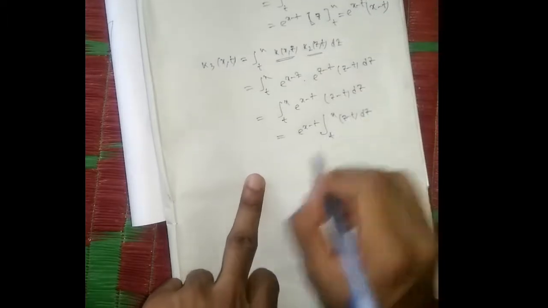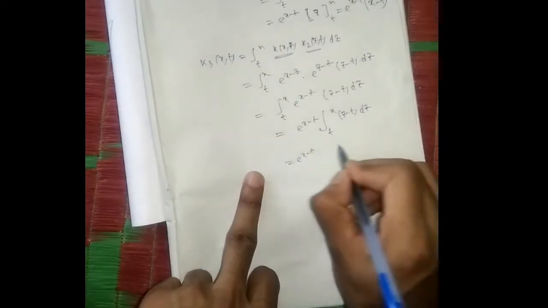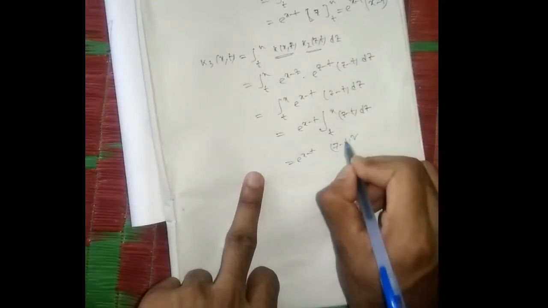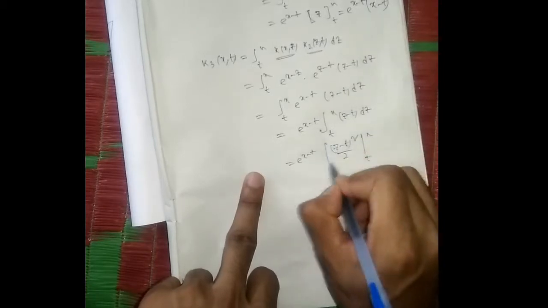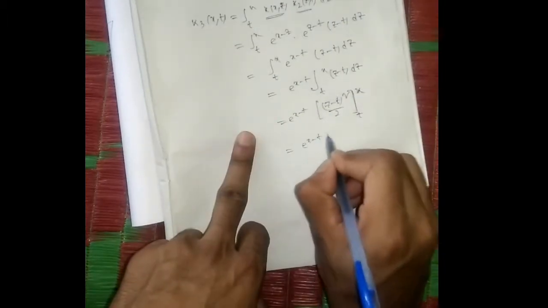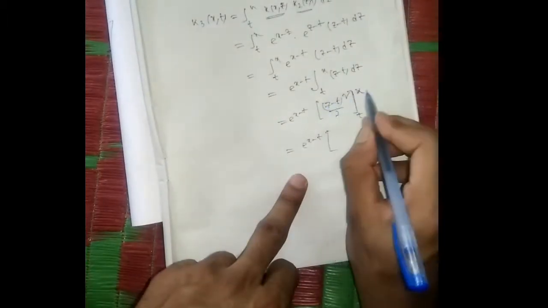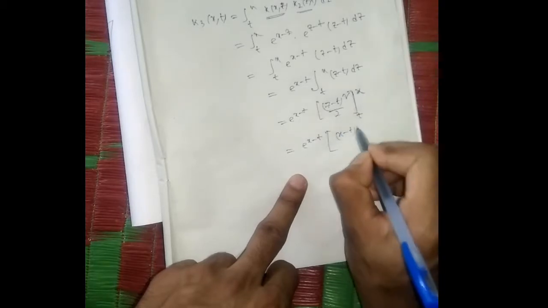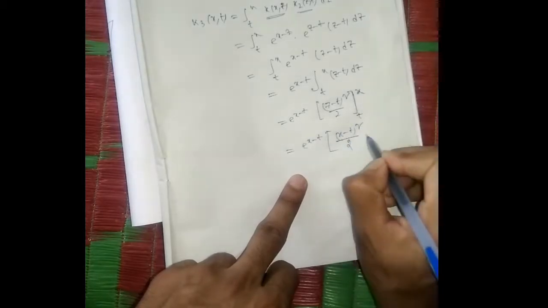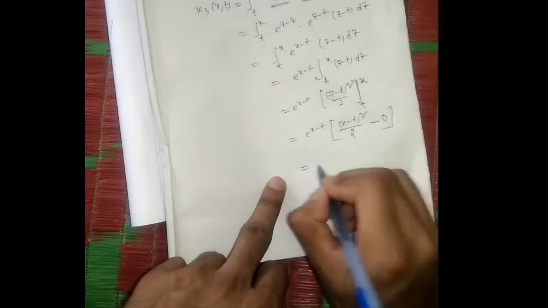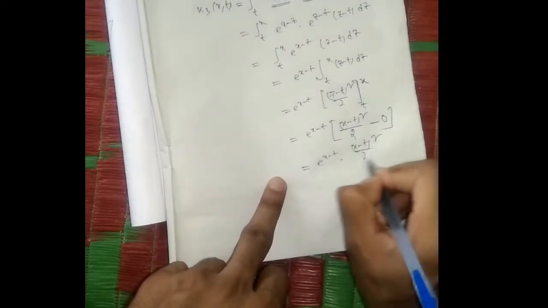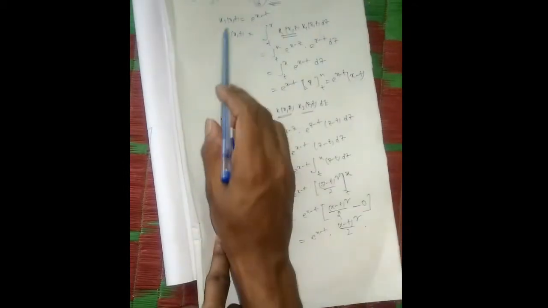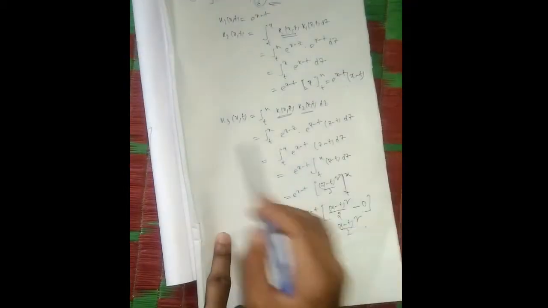If we integrate with respect to z, we get (z minus t) squared by 2 over t to x, like this. Okay, so if we put in the values, this is (x minus t) squared by 2 minus 0. So that is e to the power x minus t times (x minus t) squared by 2. So this is our k1(x,t), this is k2(x,t), k3(x,t).